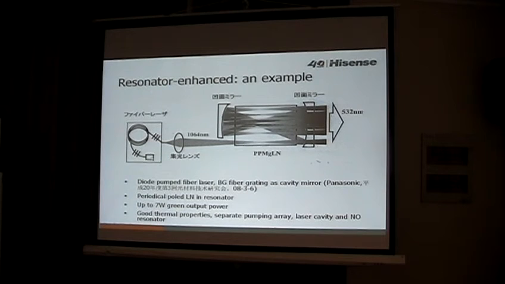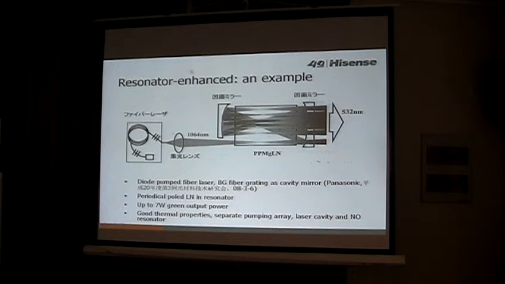The pumping source will be in another location. So these three heat generators are separate, so it's much easier to handle the heat. This is why this setup probably gives the highest output power for green generation so far.